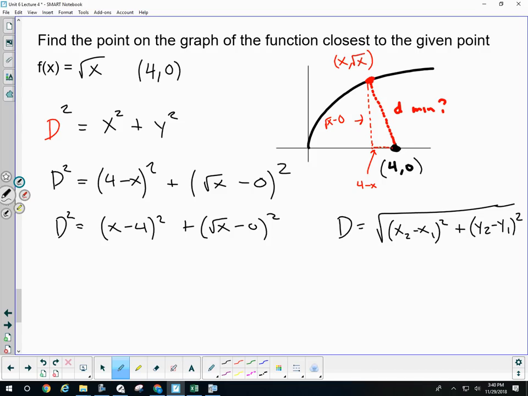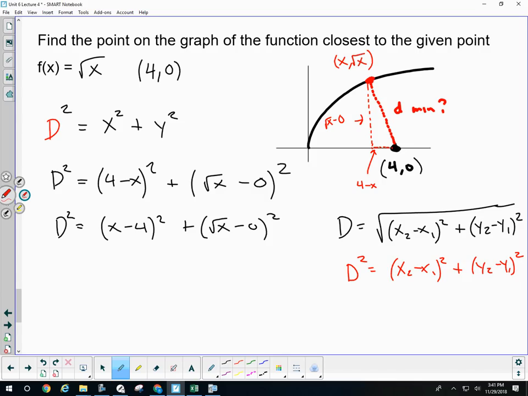However, finding the minimum distance gives the same answer as finding the minimum distance squared. I'm going to want to use a distance squared formula instead of a distance formula, so I don't have to worry about that pesky square root.